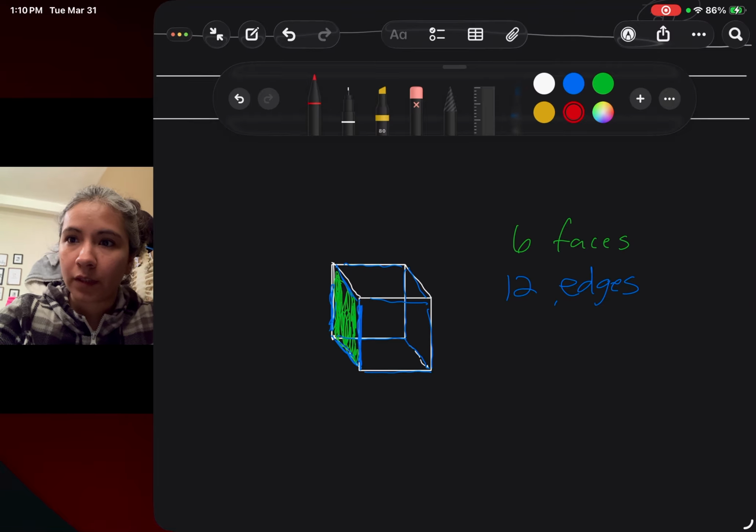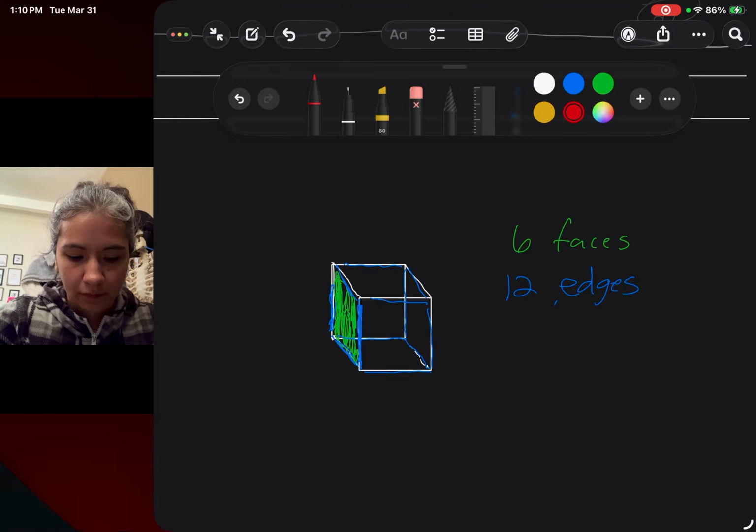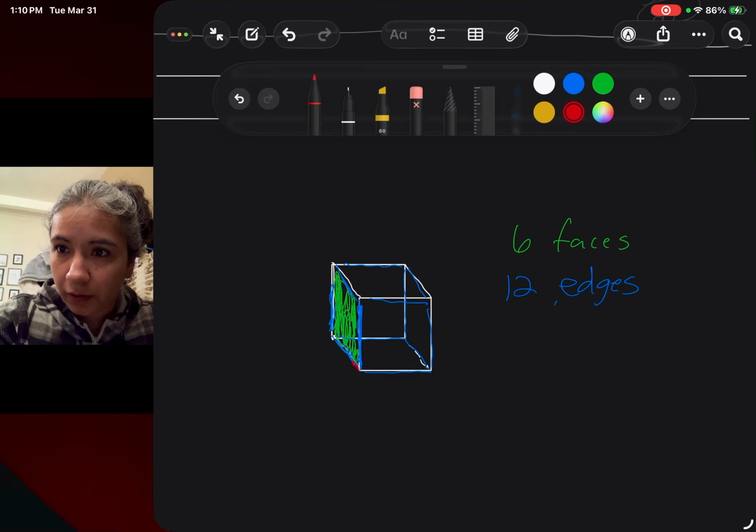and then a vertex is where 3 or more edges meet. So like the corner. So this is a vertex. 1, 2, 3, 4, 5, 6, 7, 8.